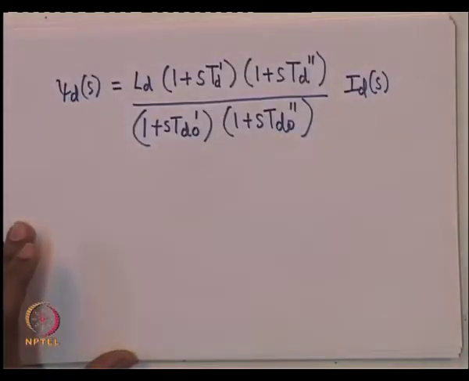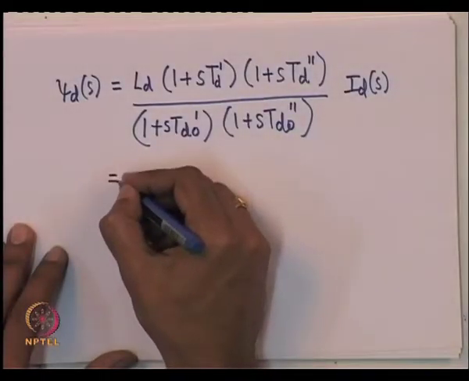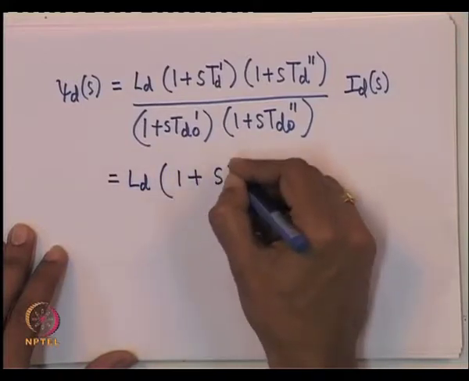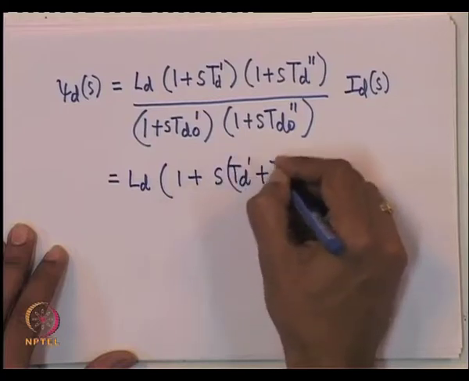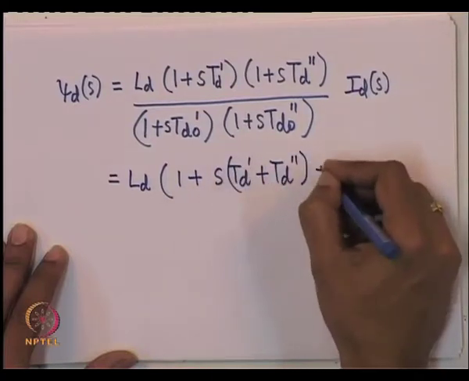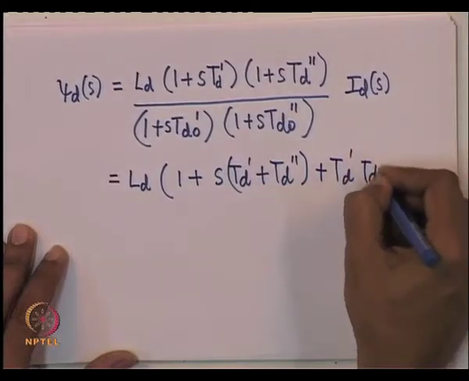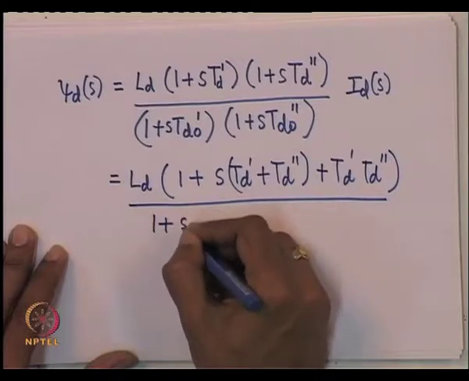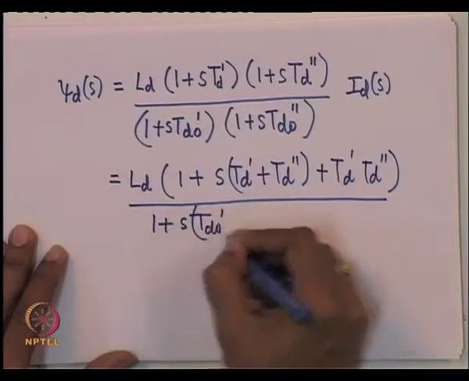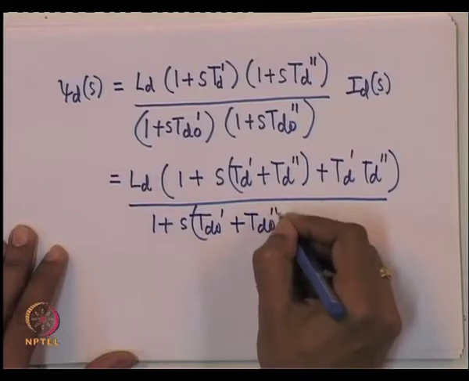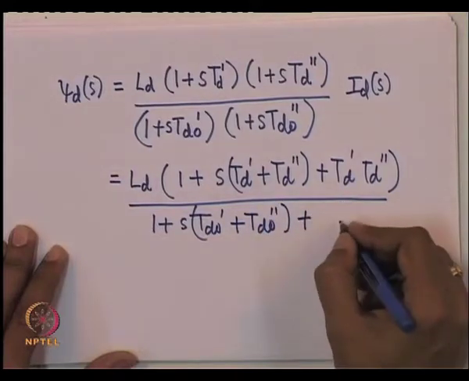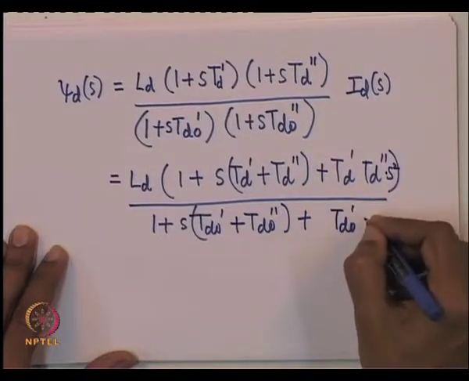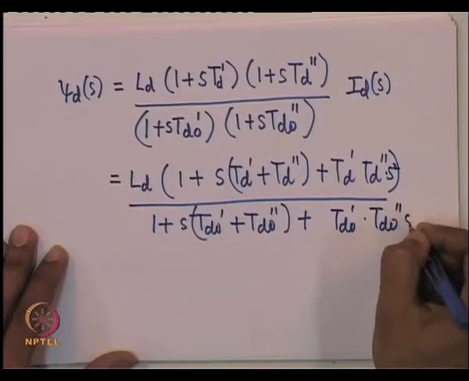So, in this particular equation, you will get LD into 1 plus S T d dash plus T d double dash plus T d dash T d double dash into S square.